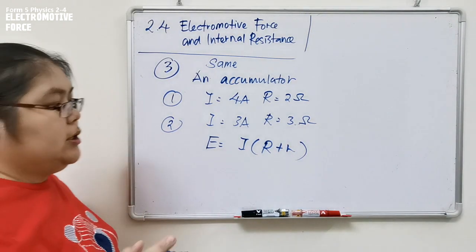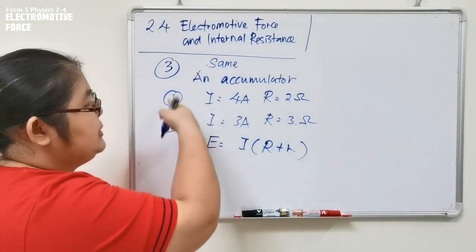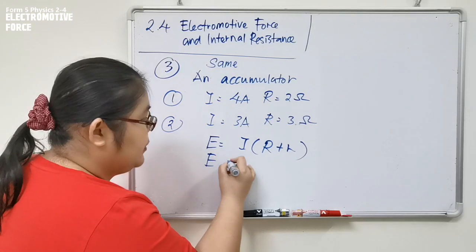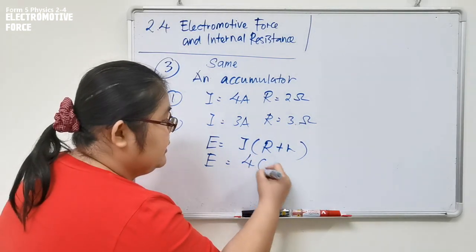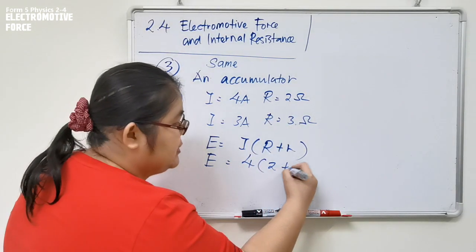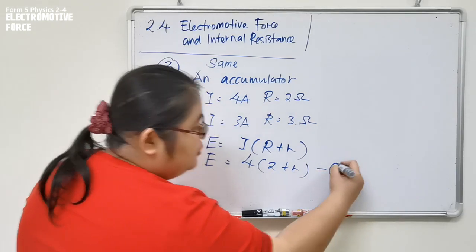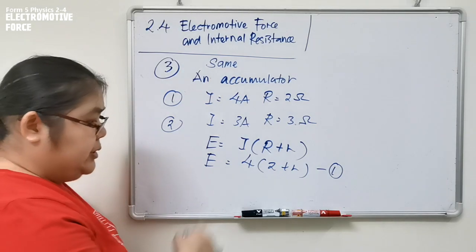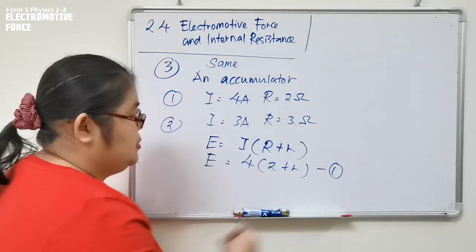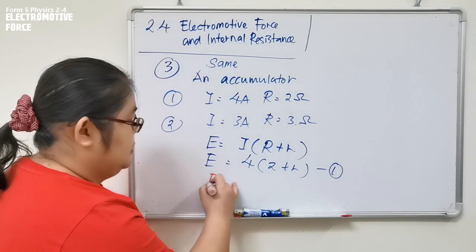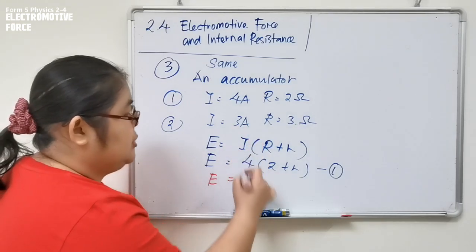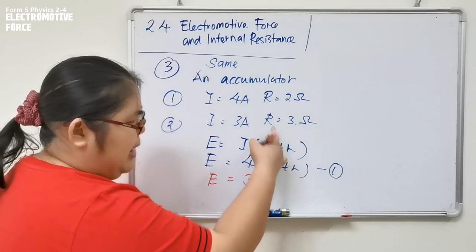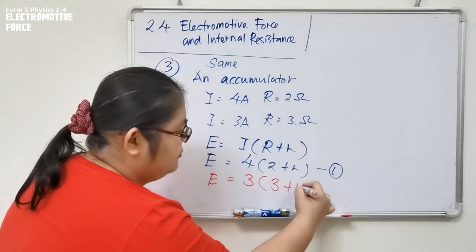In the first situation, the EMF we don't know, the current is 4, R is 2 plus small r. I put this as equation 1. Then equation 2: the current is 3 ampere, the internal resistance we don't know, and the external resistance is 3.